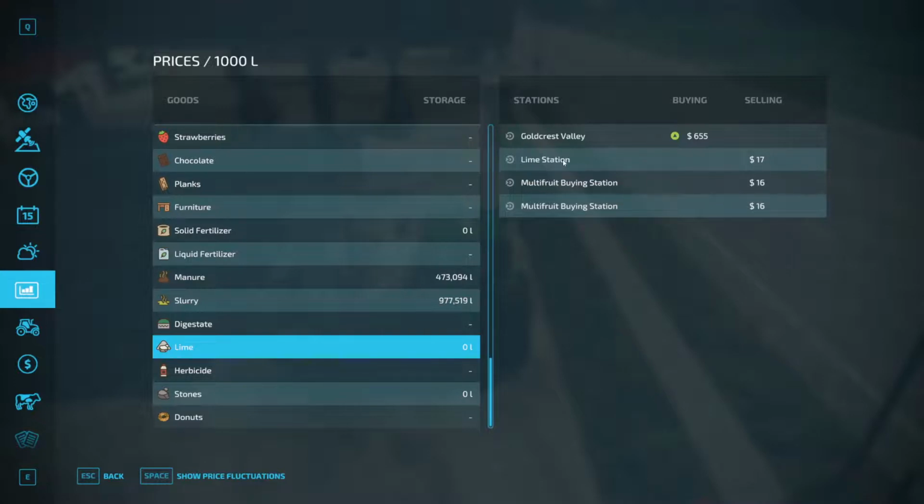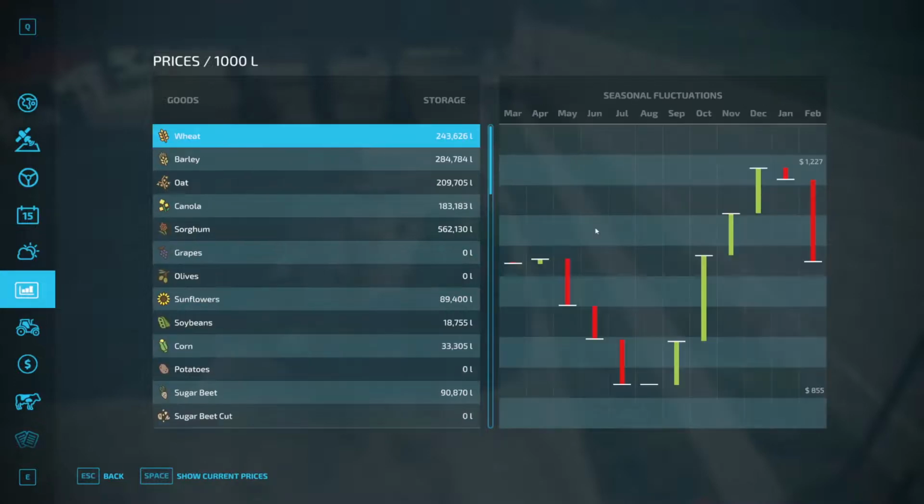Let's go back to wheat for a second. Economy price for wheat is 0.337. The highest value is 1.21.